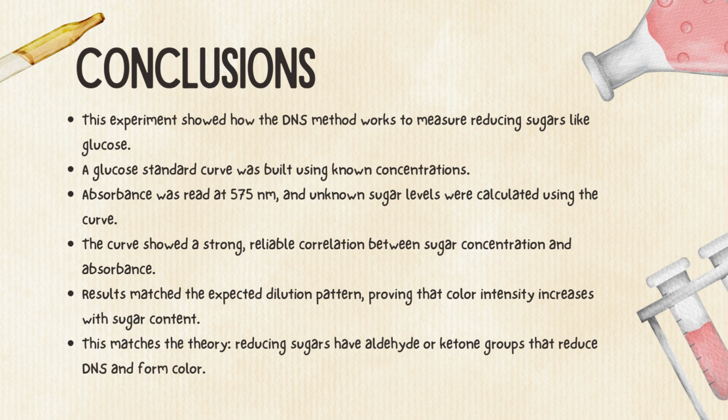The curve shows a strong, reliable correlation between sugar concentration and absorbance. Results match the expected dilution pattern, proving that color intensity increases with sugar content. This matches the theory that reducing sugars have aldehyde and ketone groups that reduce DNS and form color.